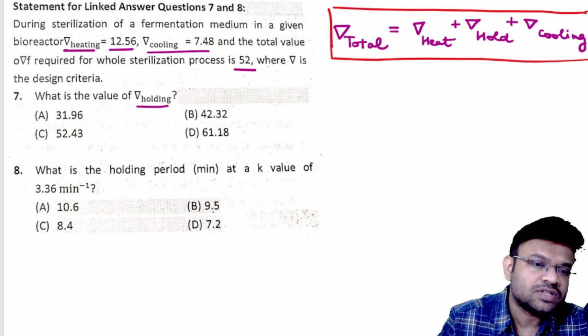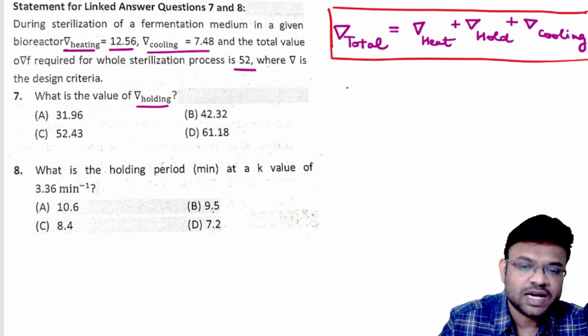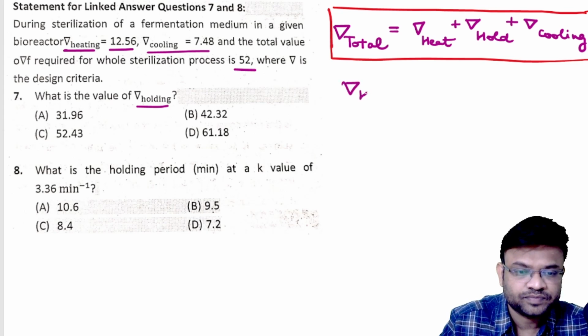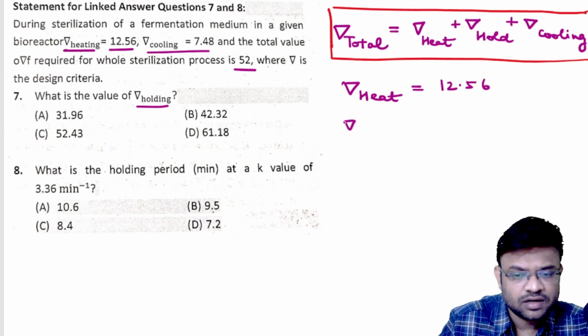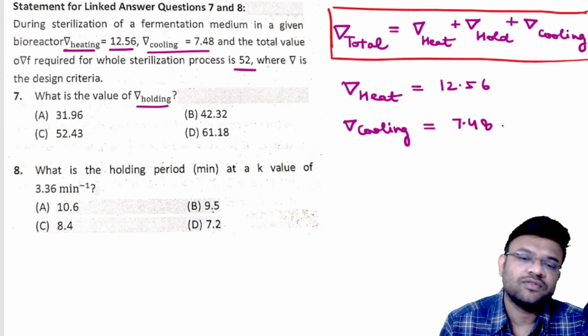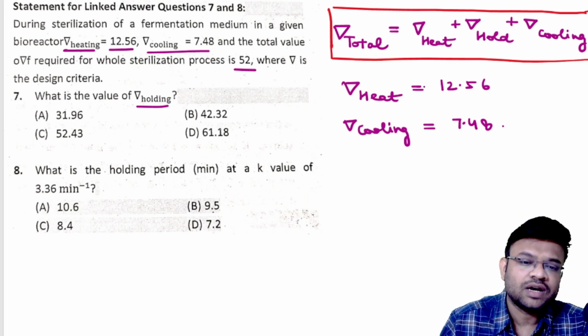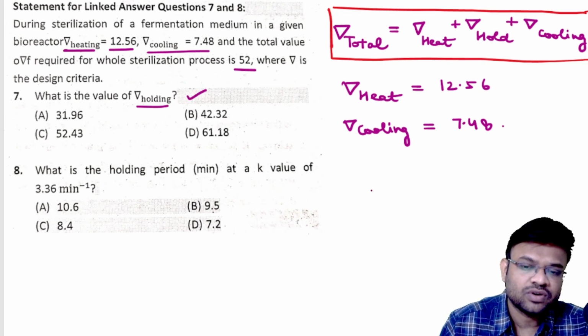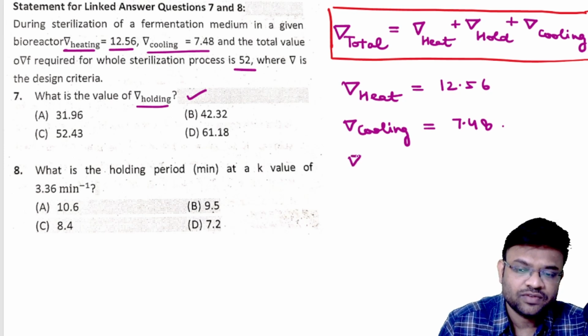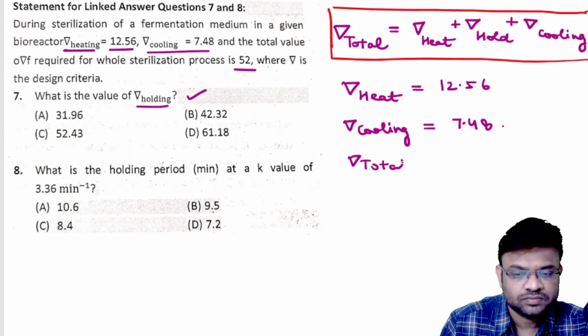Now in this process they have given you certain values: del heating has been given to us as 12.56, and del cooling has been given to us as 7.48. So simply we can find out the value for del holding, because del total has also been given to us as 52.